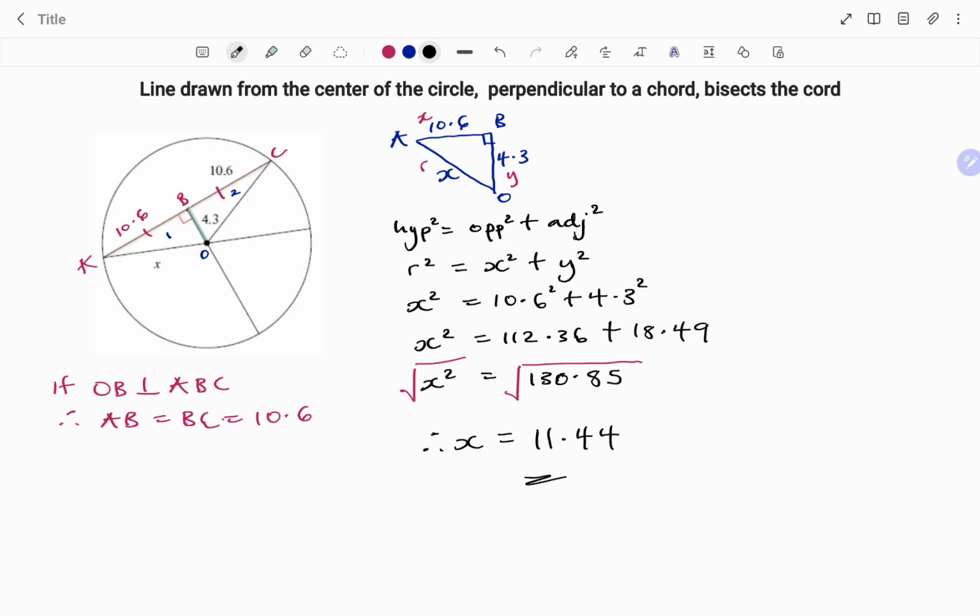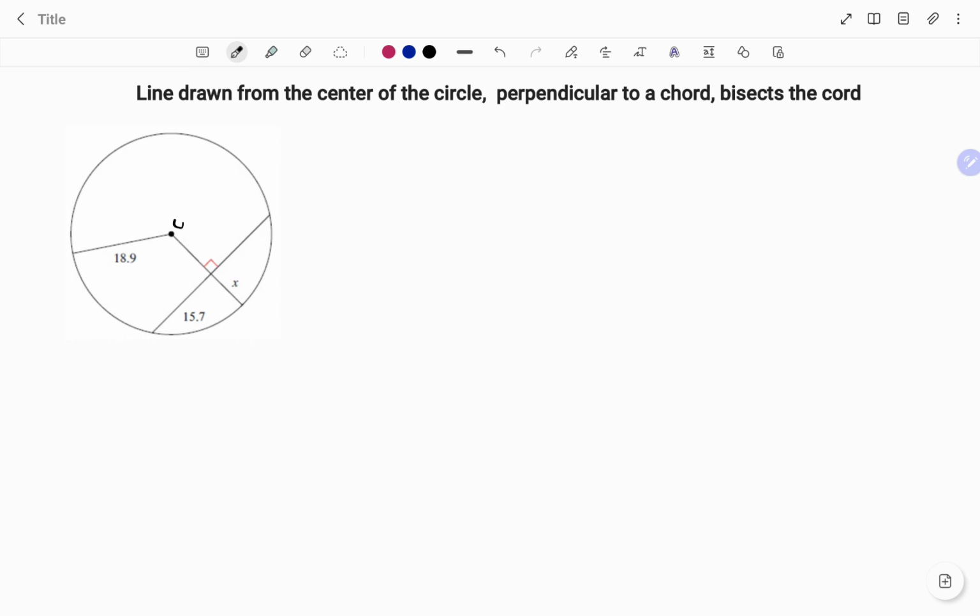In my last example, I have another circle with center at O. Remember, the line drawn from the center of the circle to any part of the circle as shown is my radius. So I'm going to construct another radius here such that that line will be 18.9, which is similar to the radius given.